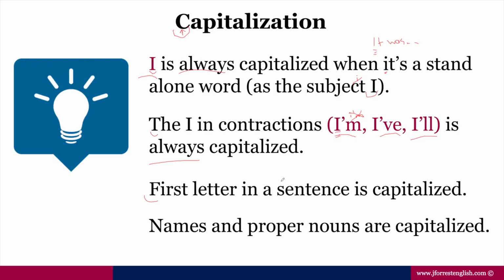Okay, and finally, names and proper nouns are capitalized. There will be an exercise in the practice exercises because whether or not a noun is a proper noun might sometimes be tricky to identify, okay? But of course, all names and proper nouns are capitalized.